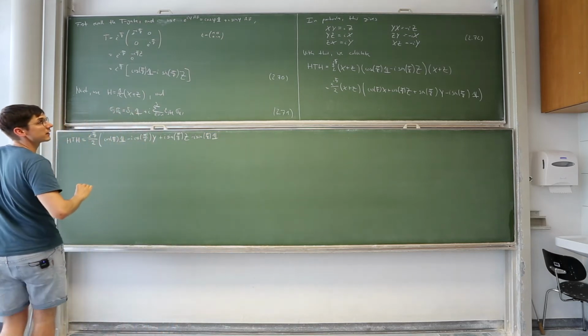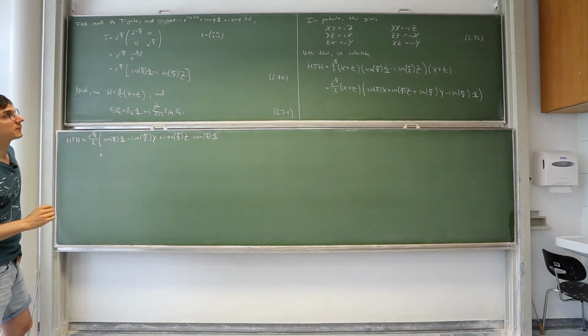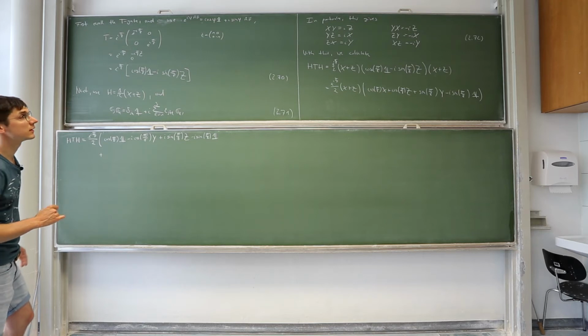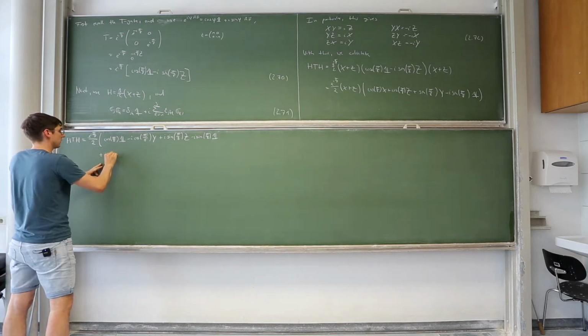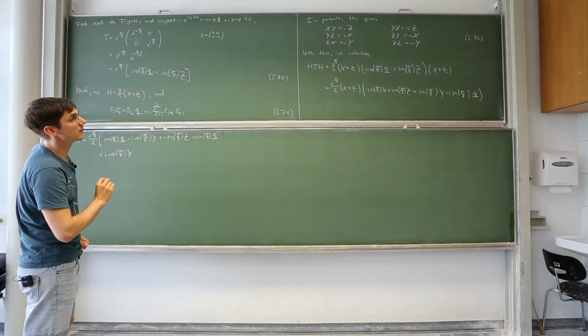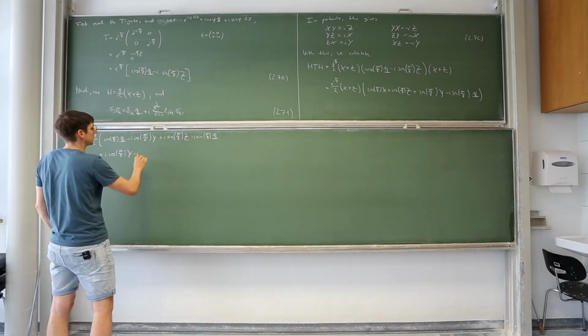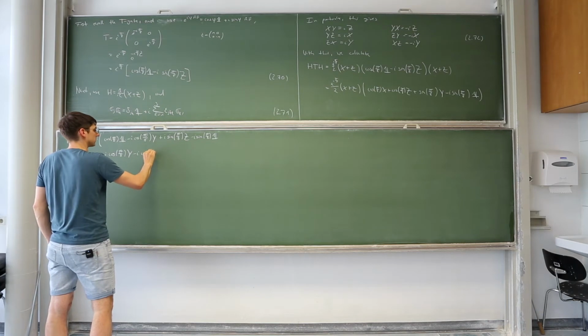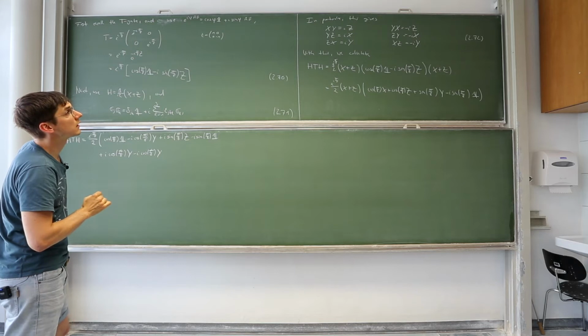Okay, and then the other terms are plus z times x gives iy, so we have plus i cosine pi over 8 y.